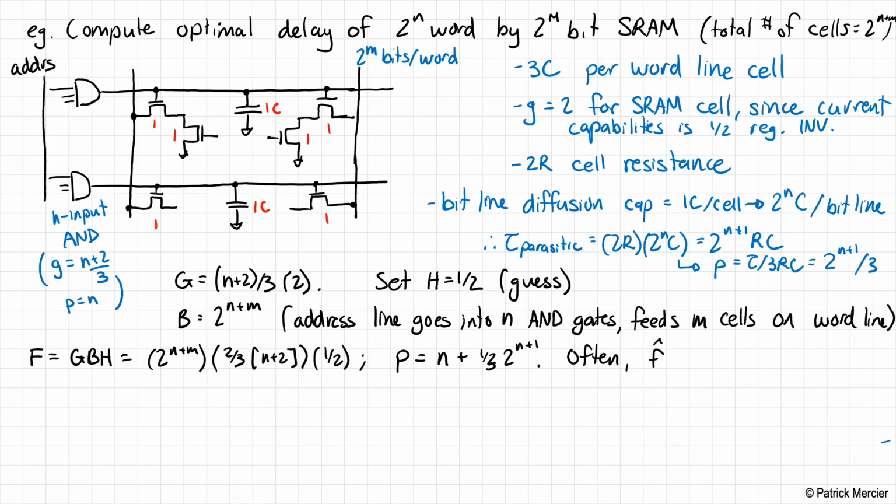Then we say often F hat is optimal at around 4, right? We said the stage effort is often optimal to be approximately 4.